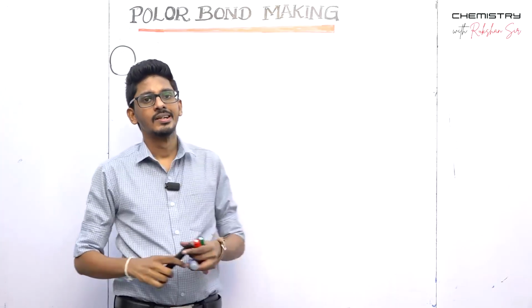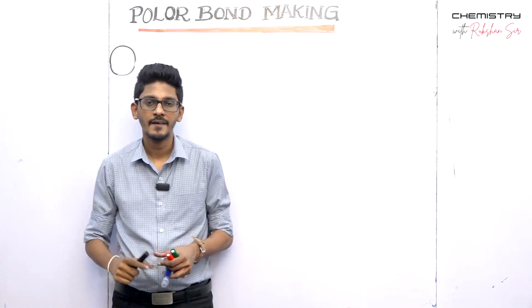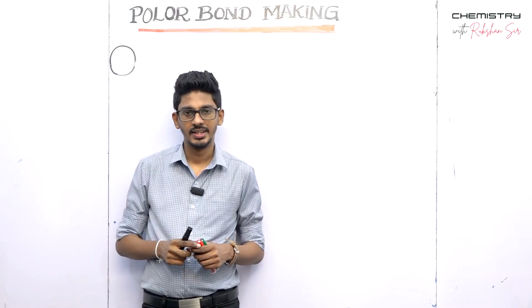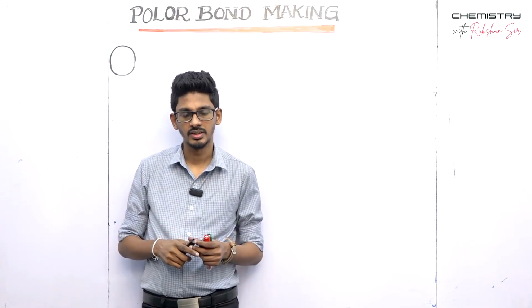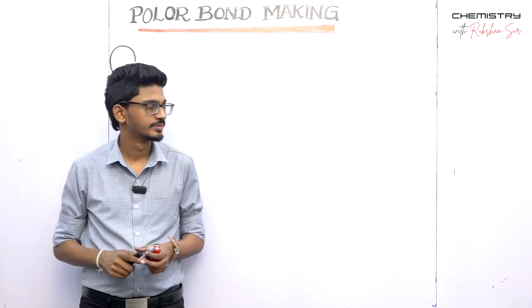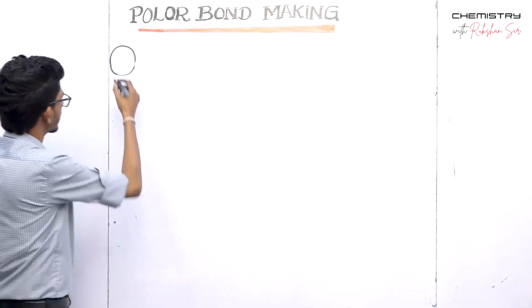Right. Let's discuss the fifth type of compound under the polar bond makings. That is all about the esters. Let's see the ester bond, the fifth kind.